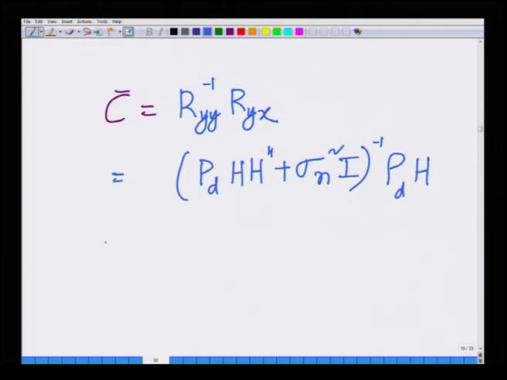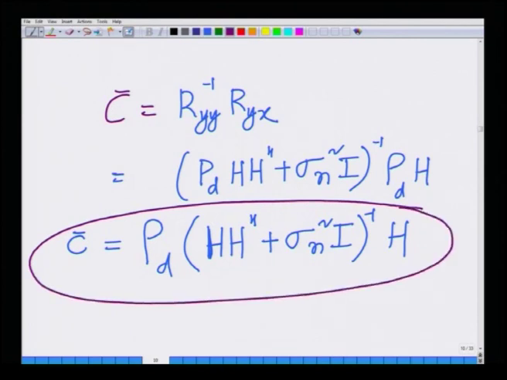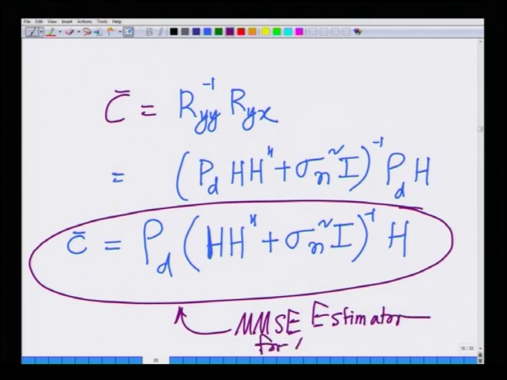P d is a scalar, so I can move it to the front of the expression. This is P d times h Hermitian h plus sigma n squared I inverse into h Hermitian.